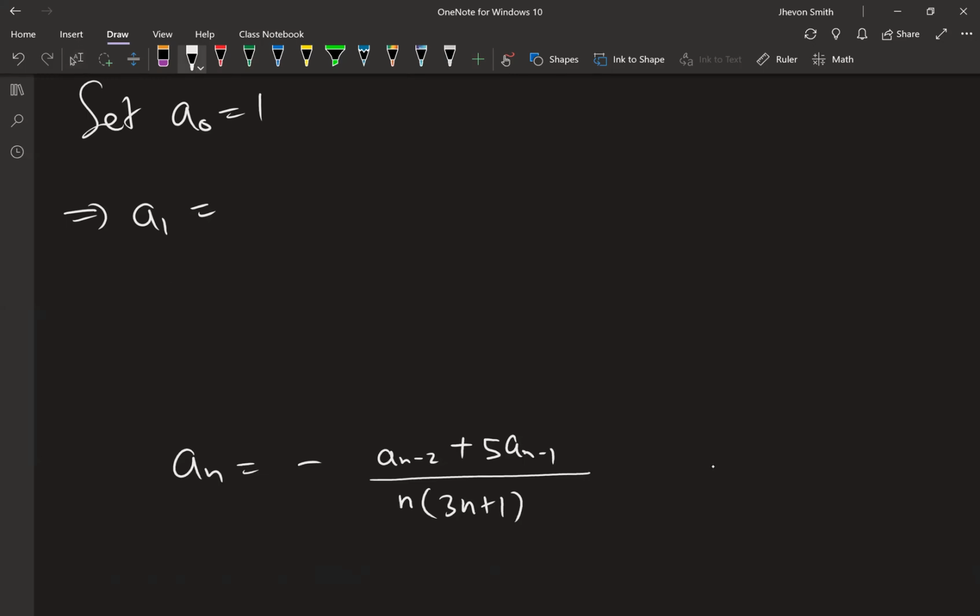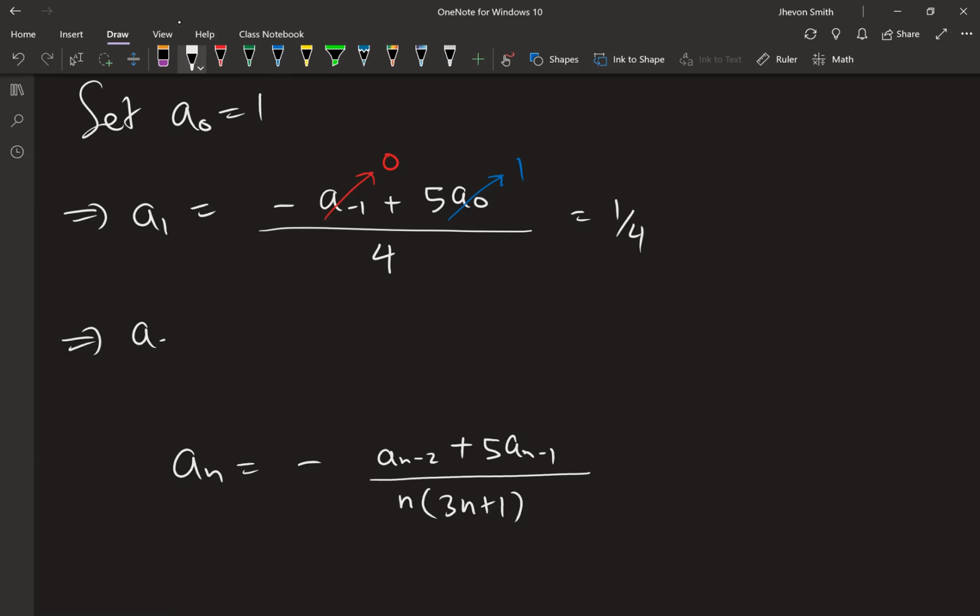So for A1, I would get minus a_{n-2} plus 5a_{n-1}, plug in 1 for n everywhere, I get a_{-1} plus 5a_0 all over, plug in 1, and I would get 4. Now this is 0 by assumption. Remember, a with a negative subscript, we automatically assume to be 0. And this guy is 1, which is given. So this just becomes 5 over 4.